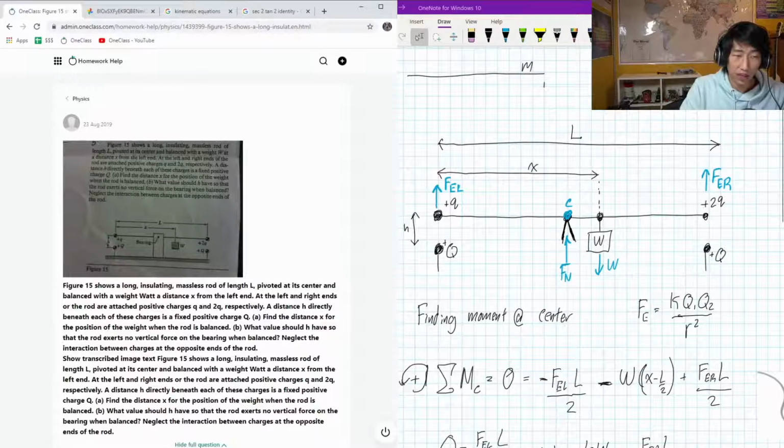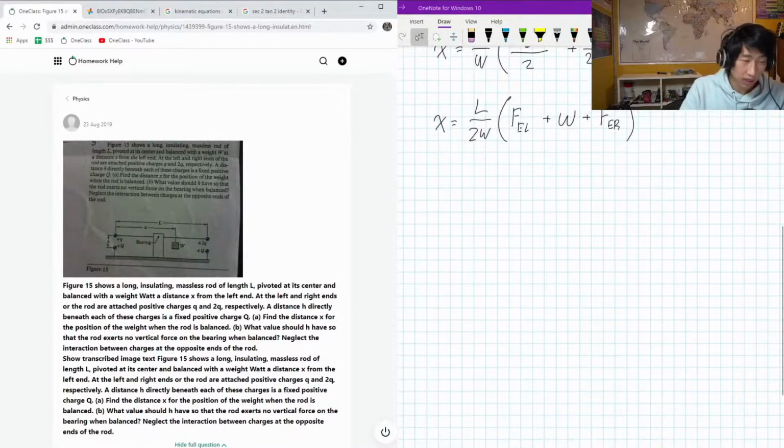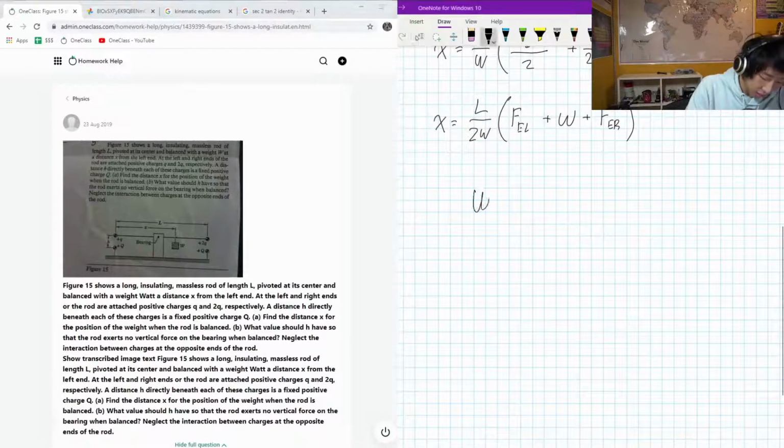So when is the upwards push from both of these going to be equal to the weight force? Because that would be the only way that there's no force on the bearing or the pivot point itself. So we need to make our weight force equal to our left electric force plus our right electric force.